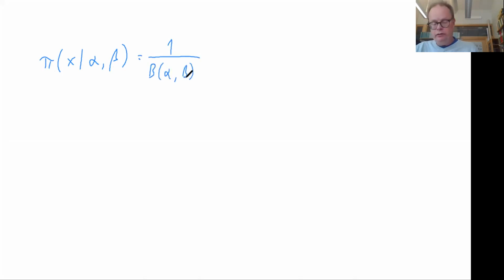That was the beta function. x to the power of alpha minus 1, 1 minus x to the power of beta minus 1. So this is the definition of the density, and the question is, is this an exponential family? So the question is then, can it be rewritten in this form?